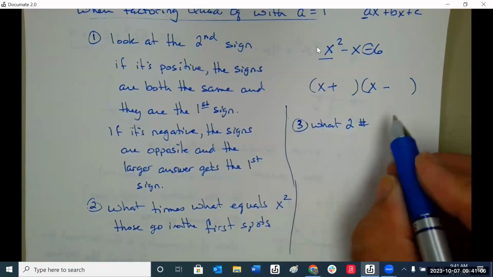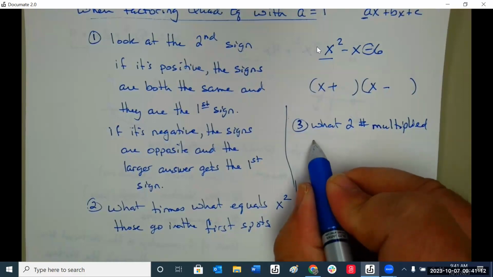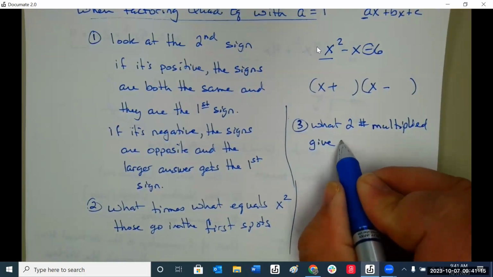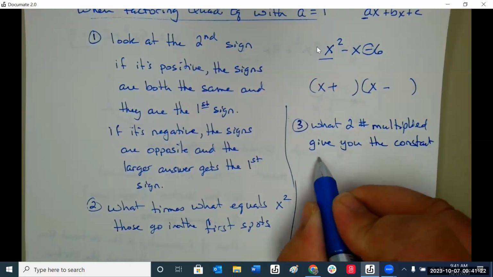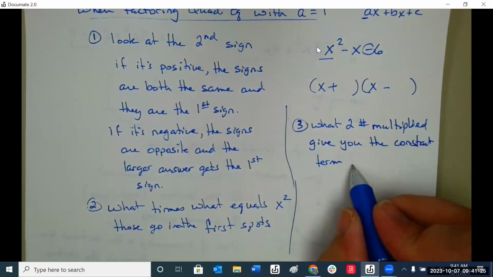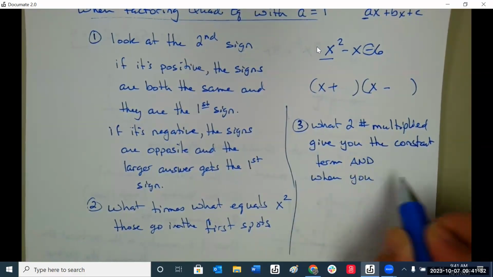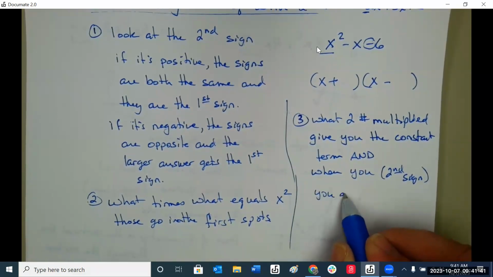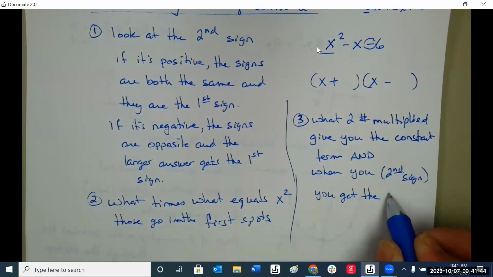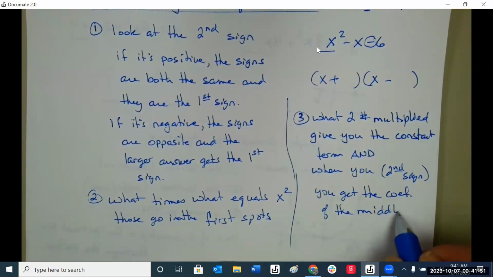Now, third step. What two numbers multiplied give you the constant term, and when you combine them using the second sign, you get the coefficient of the middle term.